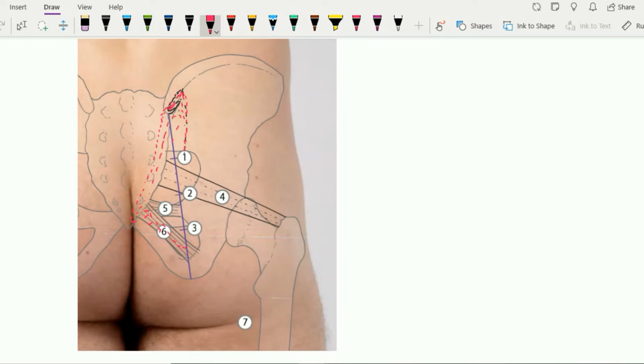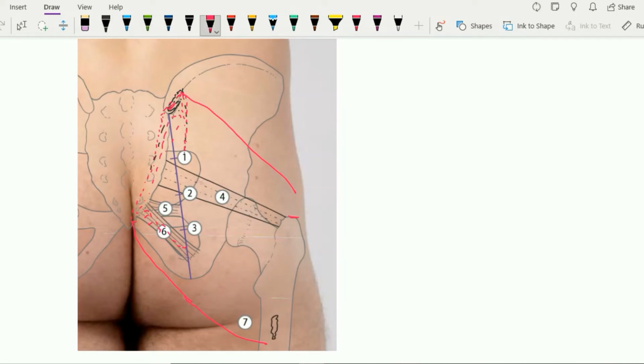The outline of the upper border of the gluteus maximus muscle passes downward and laterally and reaches the area about 2.5 centimeters above the tip of the greater trochanter. And the lower border of the gluteus maximus muscle passes downward and laterally and reaches the shaft of the femur, just near the gluteal tuberosity.